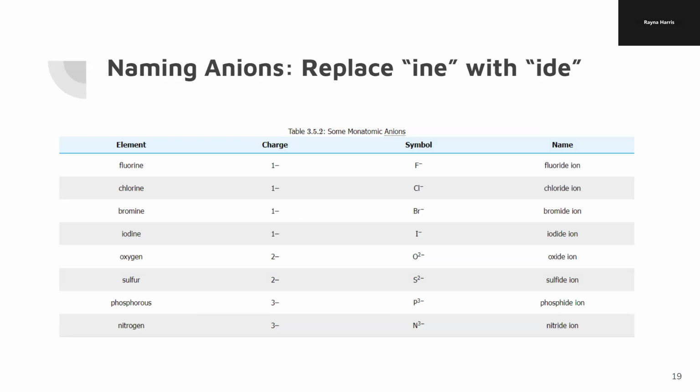The second to last column in the periodic table is fluorine, chlorine, bromine, iodine. All of these tend to form ions with a -1 charge. The ion is written as the symbol with the minus charge, but they have a name change: fluoride, chloride, bromide, iodide. So the -ine changes to -ide, and that's how you know it's an ion.